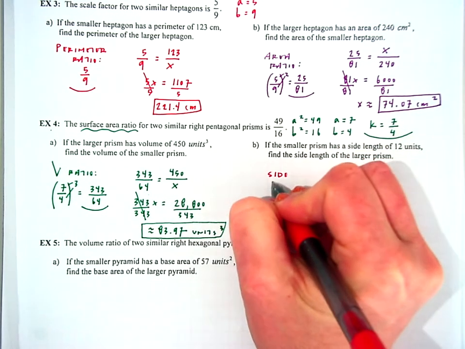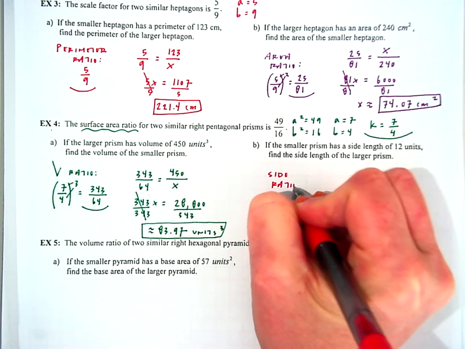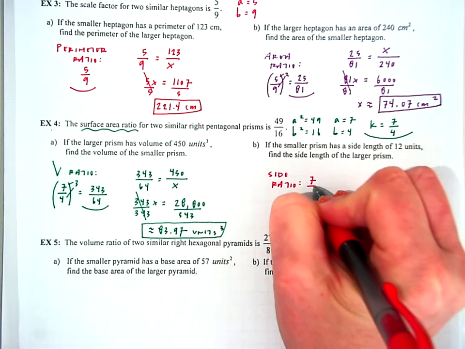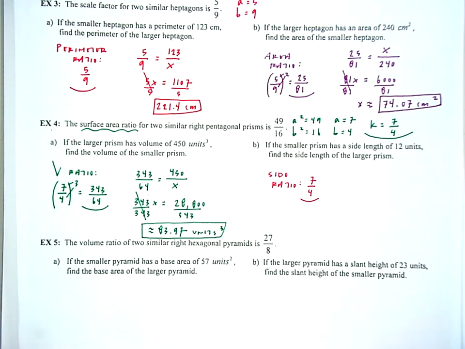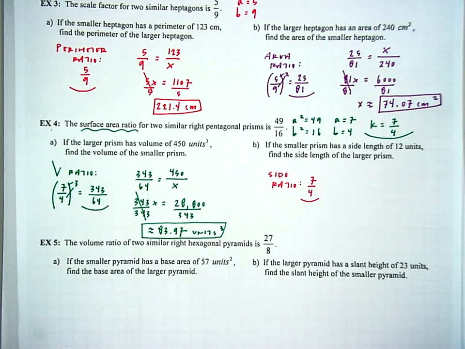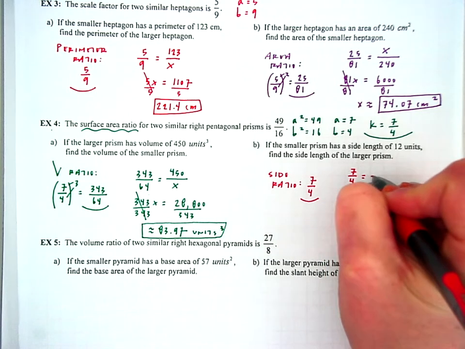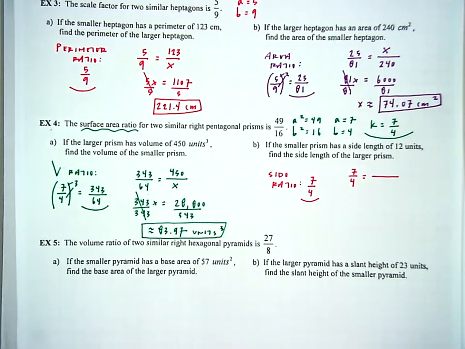Okay, next up, for B, if the smaller prism has a side length of 12 units, find the side length of the larger prism. So I need a side ratio. A side ratio will always be the same as the scale factor. So my scale factor is 7 to 4.